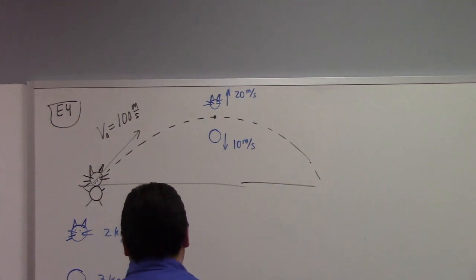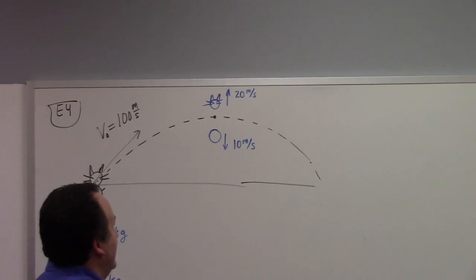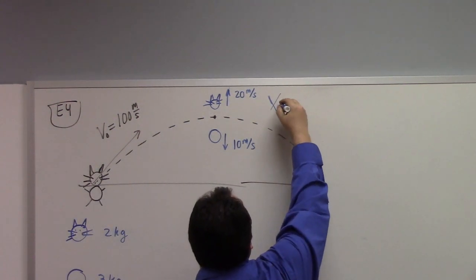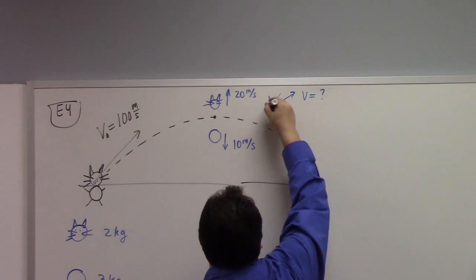So my question is, right after the explosion, where do the arms and legs go if they stick together and all go the same way? I'll draw them like this. What's the velocity? What's this angle?